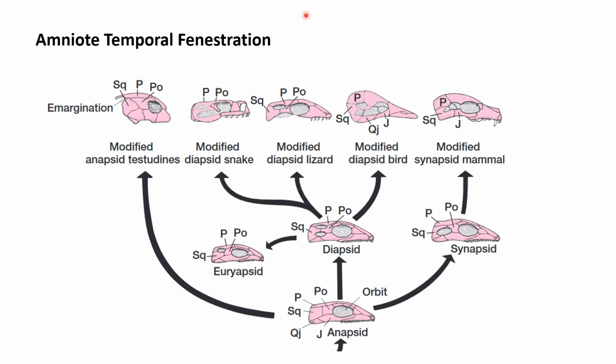The two big surviving lineages of amniotes are the diapsids and the synapsids. Diapsids have two temporal fenestrae behind each orbit. Synapsids, of which mammals are the only descendants, have only one temporal fenestra behind the orbit.